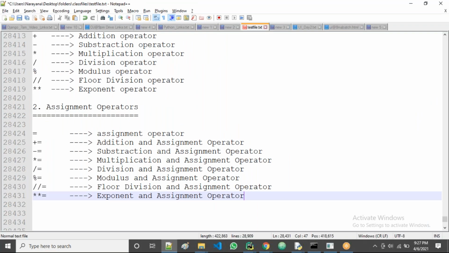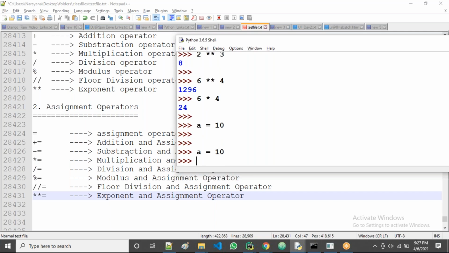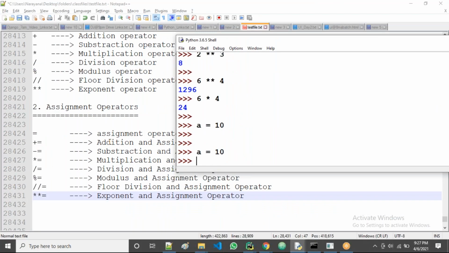Let us see one example for all. Now, all of you observe here. I am taking one variable a equal to 10, guys. This is the example of assignment, right? Now the same one, I'm taking a plus equal to 5, guys.